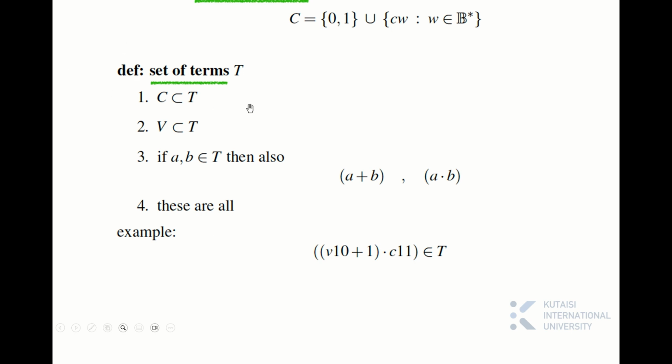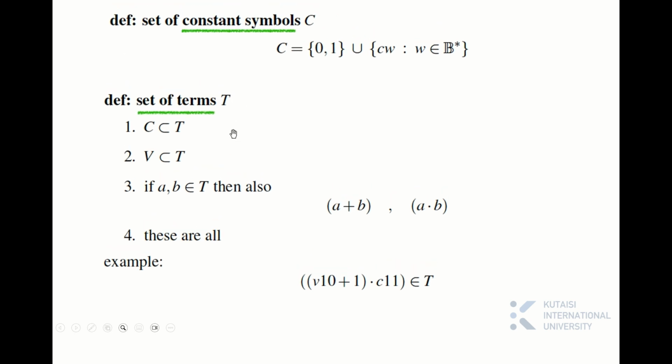So for example, what would be a term? What is the definition of terms purely syntactically? Constants are terms, variables are terms. Now, if A and B are terms, then also (A plus B) is a term and (A times B) is a term. That's it.